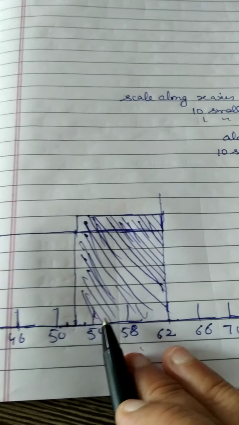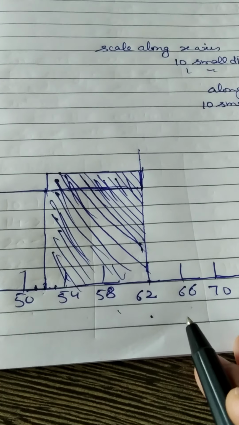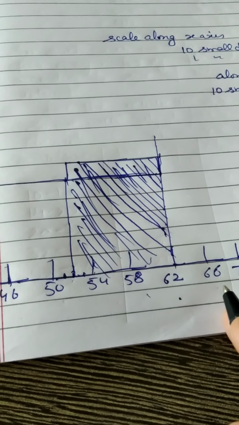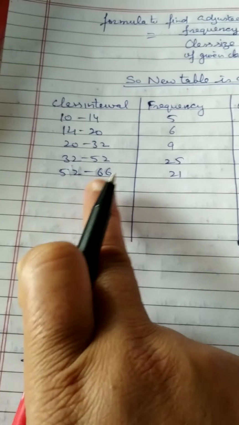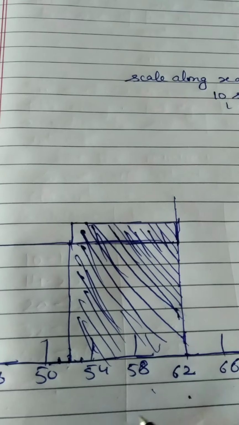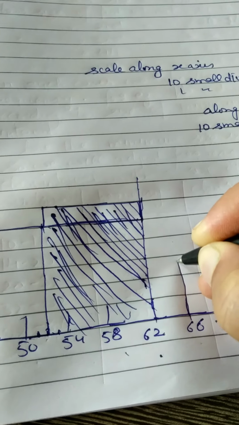Now the next class interval is 52 to 66. It goes from 52 to 66 here.